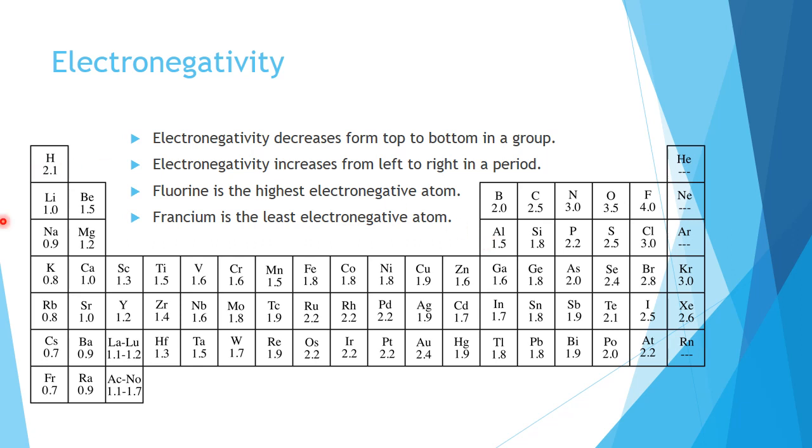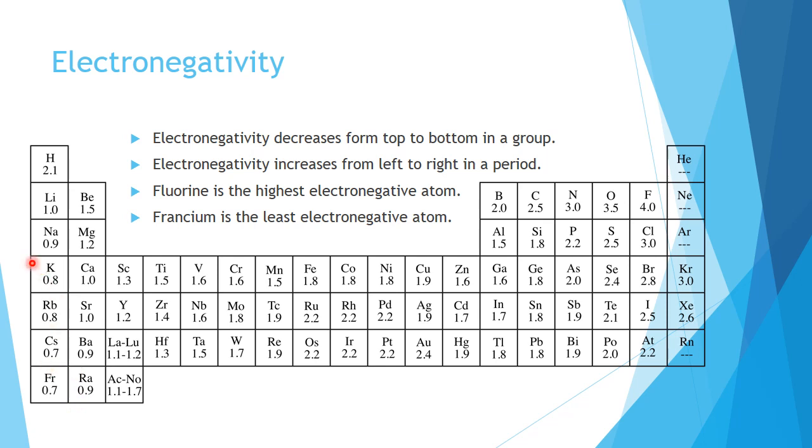When electronegativity values increase, the first group would be having the lowest electronegative elements. And the least electronegative element would be the one which is residing at the bottom of the periodic table. So according to these rules, francium should be the lowest electronegative element, which in fact it is.